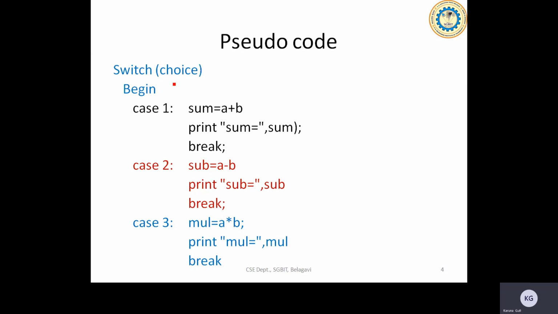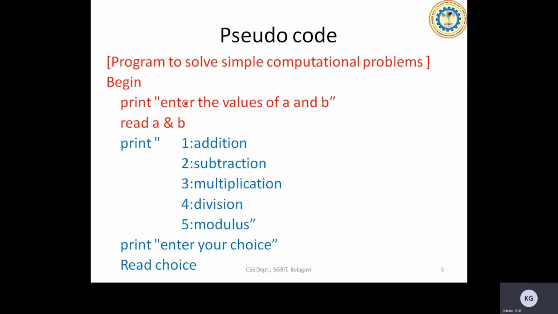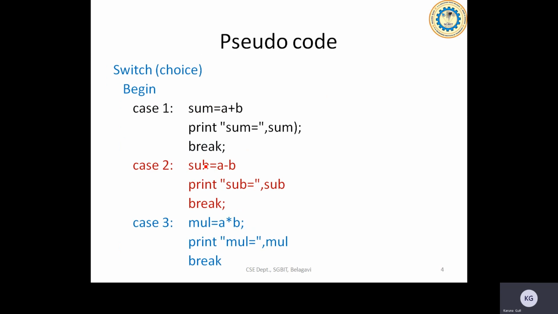The switch value given is any one of these values. Depending on this, the switch goes to one of the case values. If the choice is 1, it goes ahead with case 1.